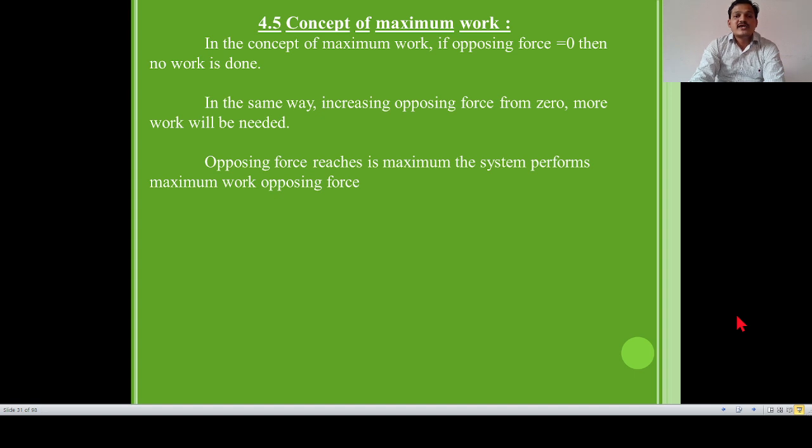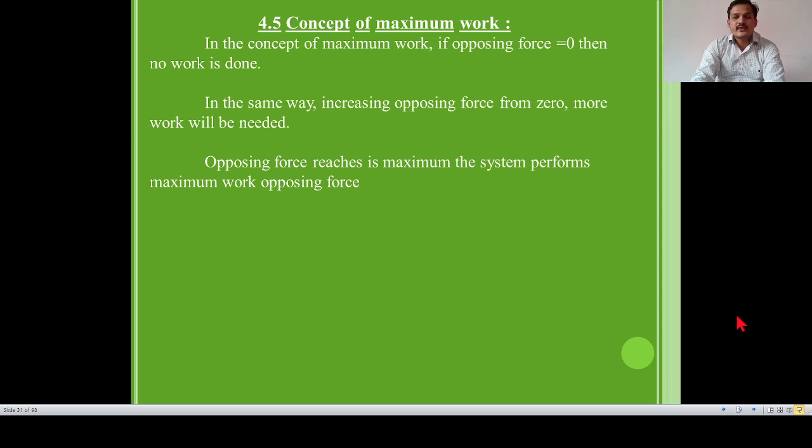When the opposing force reaches its maximum, the system performs maximum work.